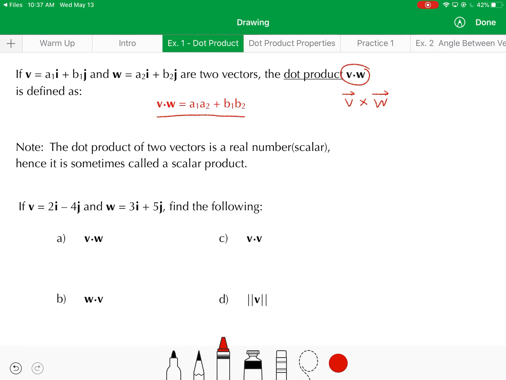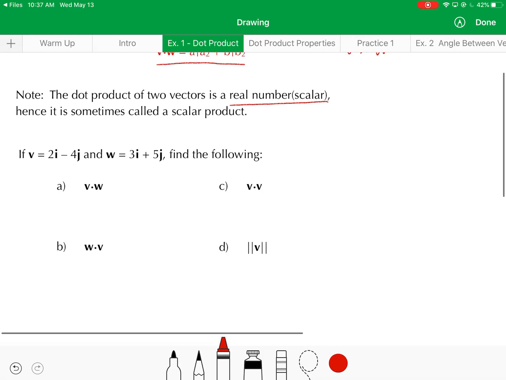Notice what that will result in. It will not produce a vector, but instead it's going to add up to a scalar. So the dot product between two vectors represents a real number scalar, and therefore it's sometimes referred to as a scalar product rather than a dot product, okay?